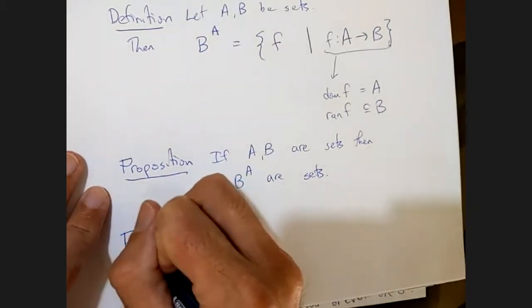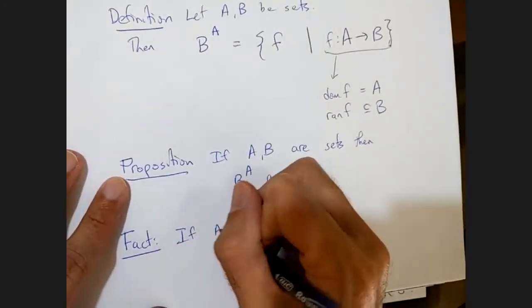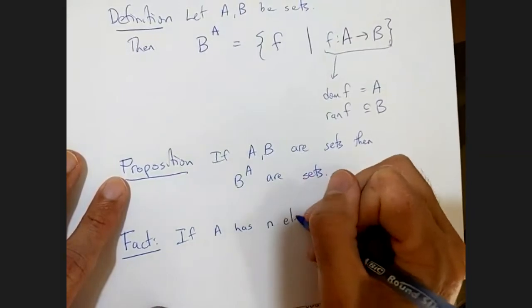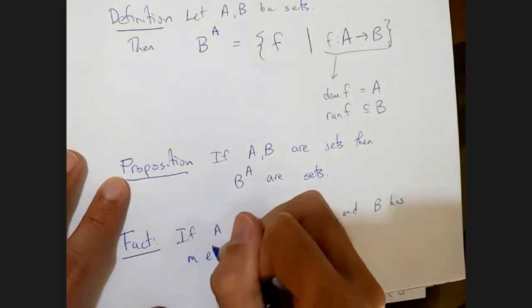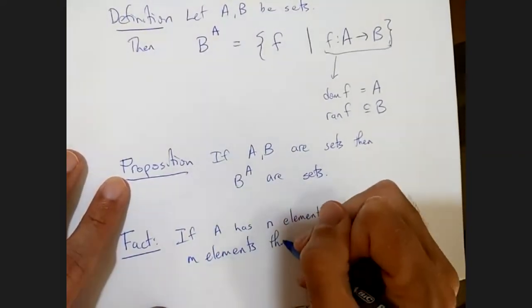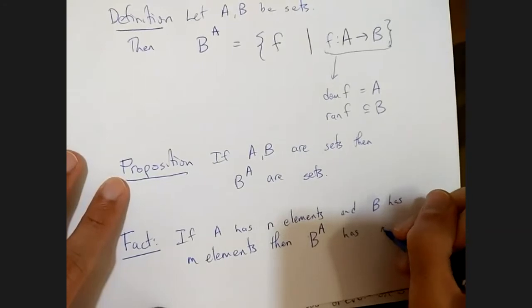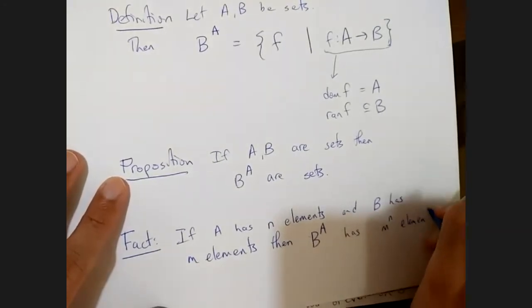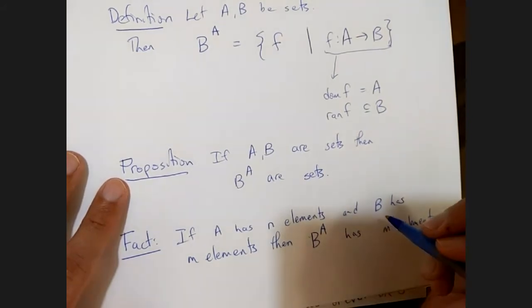In fact, if A has n elements and B has m elements, then B to the A has m to the n elements. We'll see later how we can prove this rigorously.